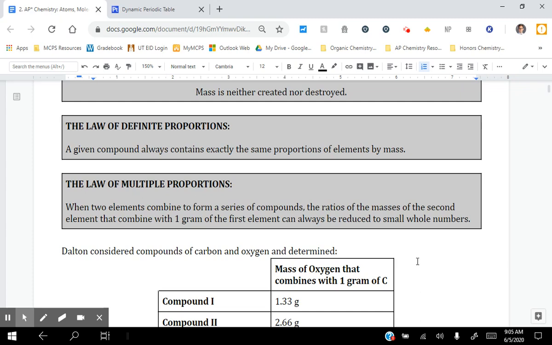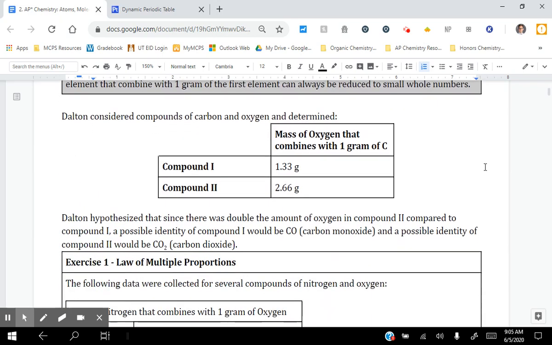Essentially, these two laws, in tandem with the law of conservation of mass, just say that compounds are going to form in specific defined ratios. So we're always going to have a certain amount of atoms of a particular type within a compound. And we're going to look at some of those rules as time unfolds.